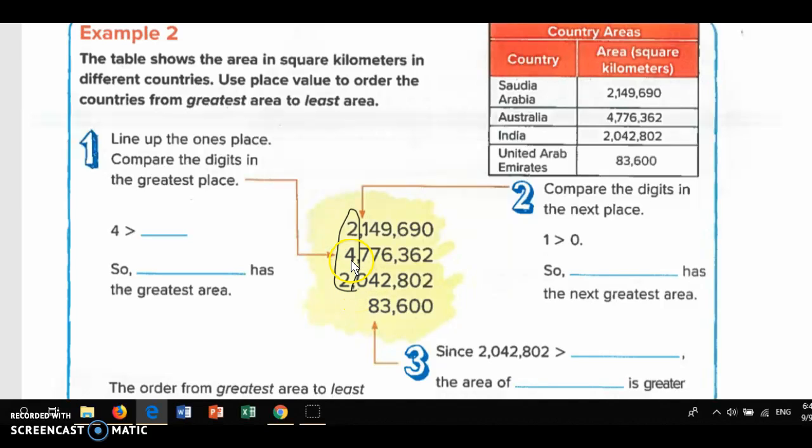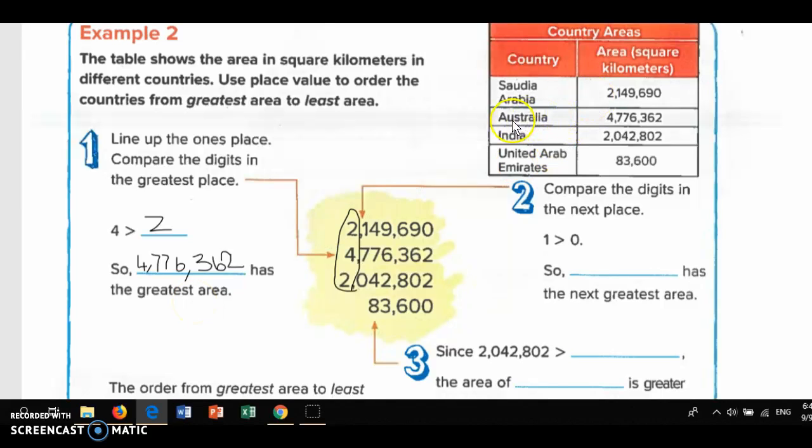Which one is the biggest? 4 is bigger than 2. So 4,776,362 has the greatest area.